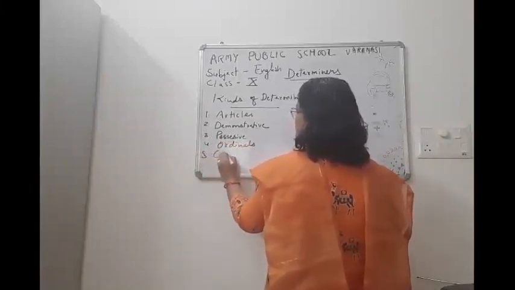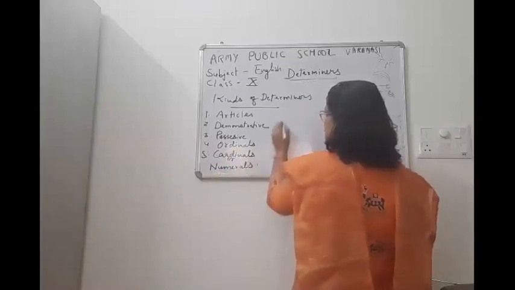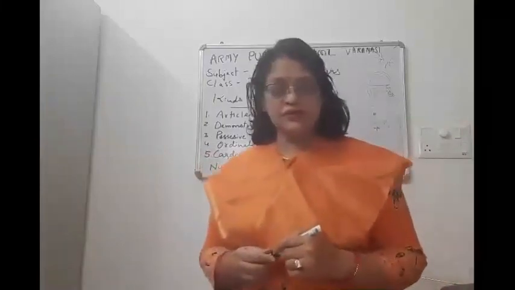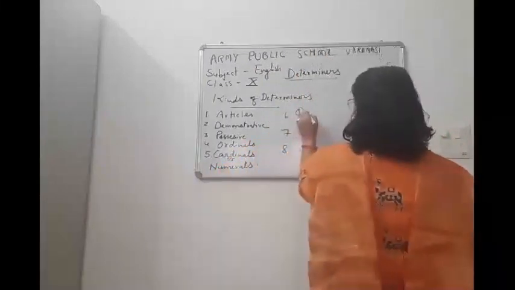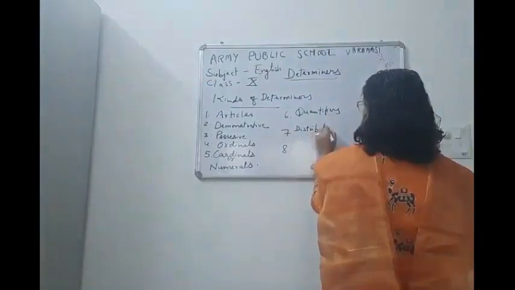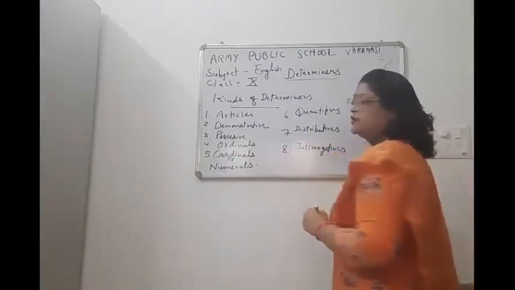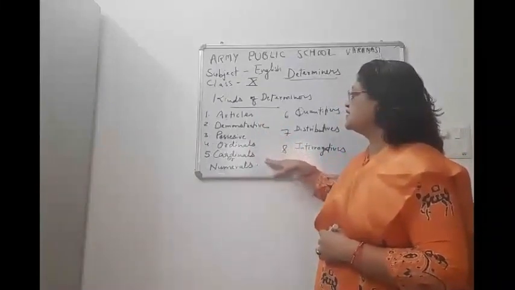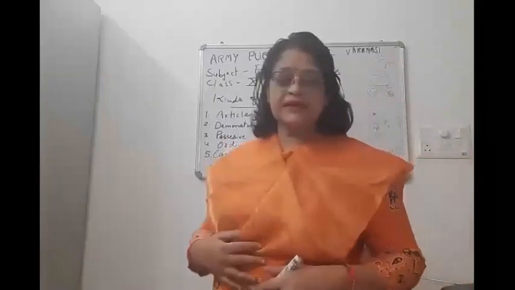Fifth is cardinals or numerals. Then quantifiers, distributive and interrogatives. So these are the 8 types of determiners.